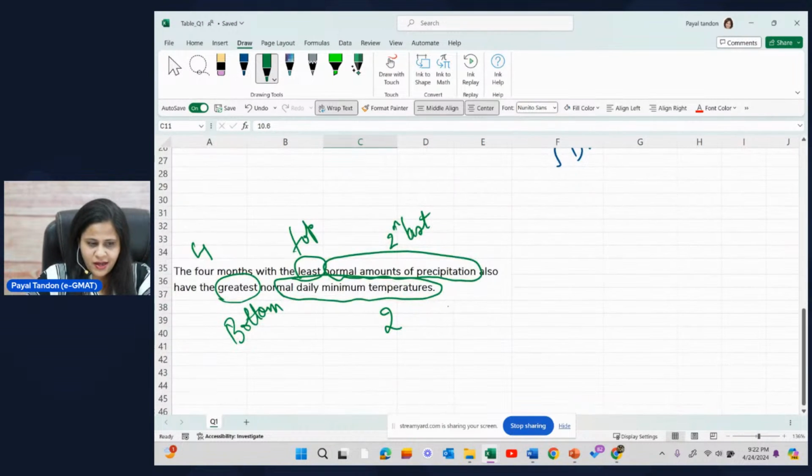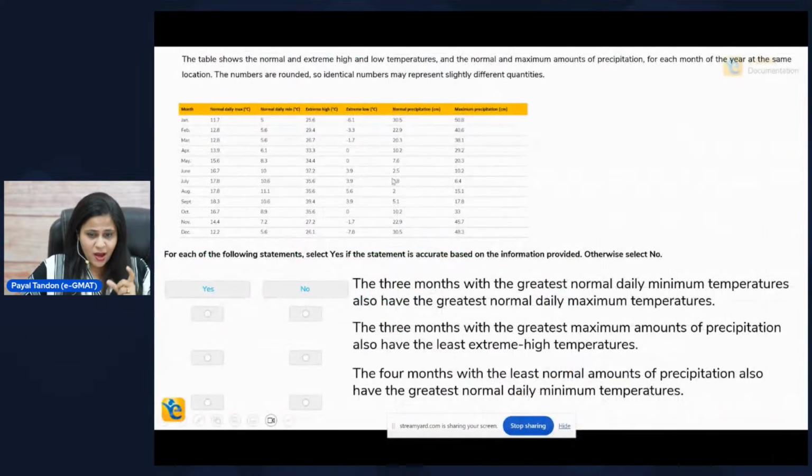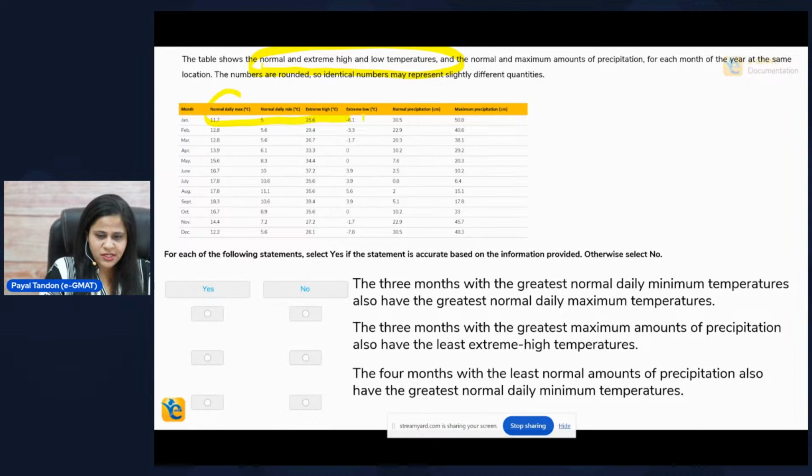Okay. All right. So what have we learned from this question? What we have learned from this question is that you have to be very, very particular about the data set. How is it that you are interpreting each one of these entities? That's very important. This entire thing over here mapped to these four columns. This entire thing over here mapped to these two columns.